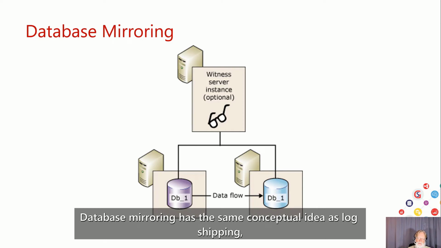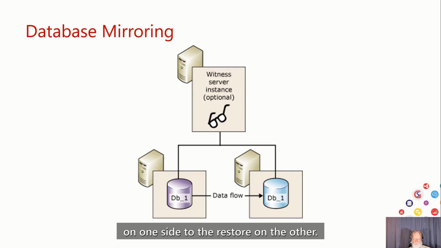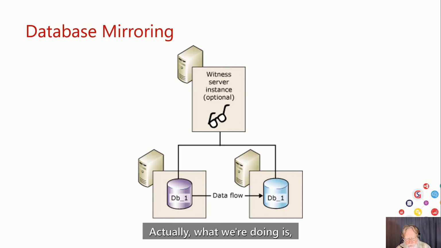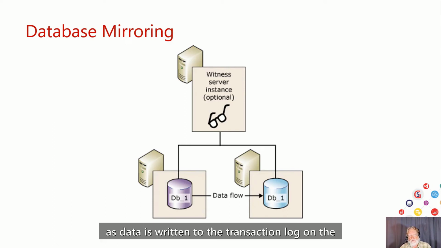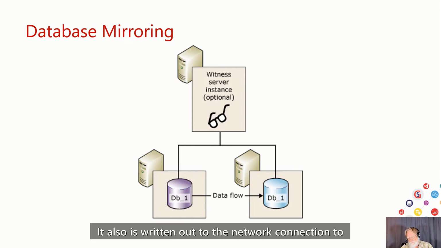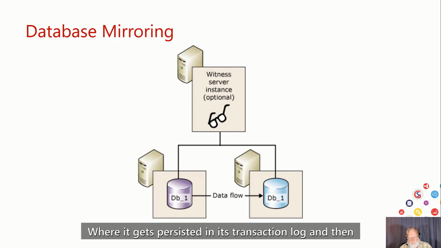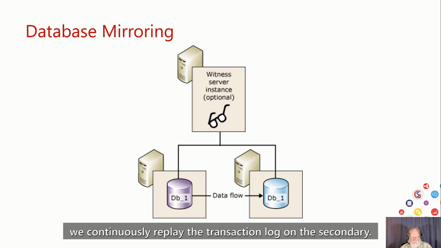Database mirroring has the same conceptual idea as log shipping, except instead of doing discrete backups and restores, now you have a continuous data flow from the backup on one side to the restore on the other. Actually, what we're doing is, as data is written to the transaction log on the primary, it also is written out to the network connection to your secondary, where it gets persisted in its transaction log, and then we continuously replay the transaction log on the secondary.